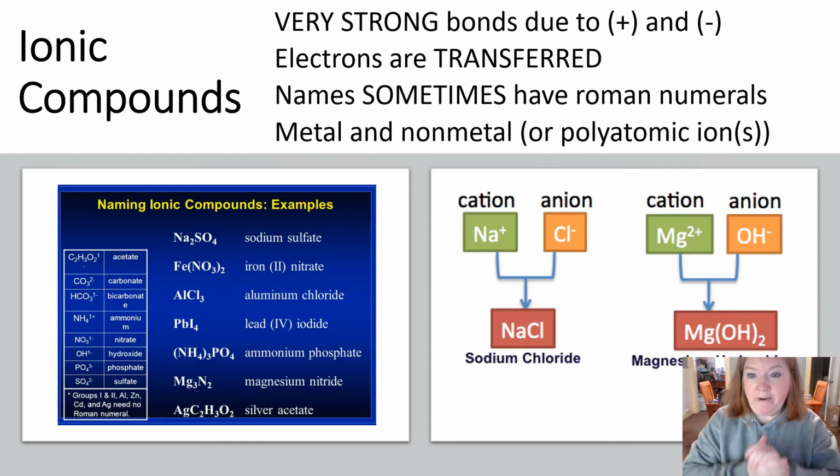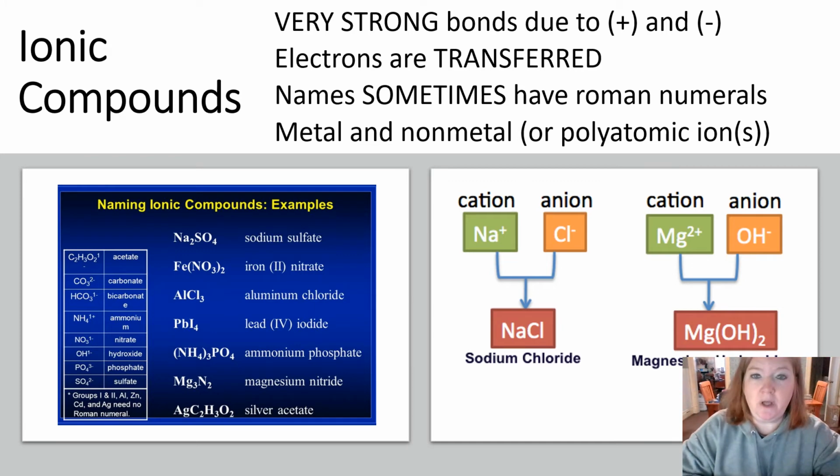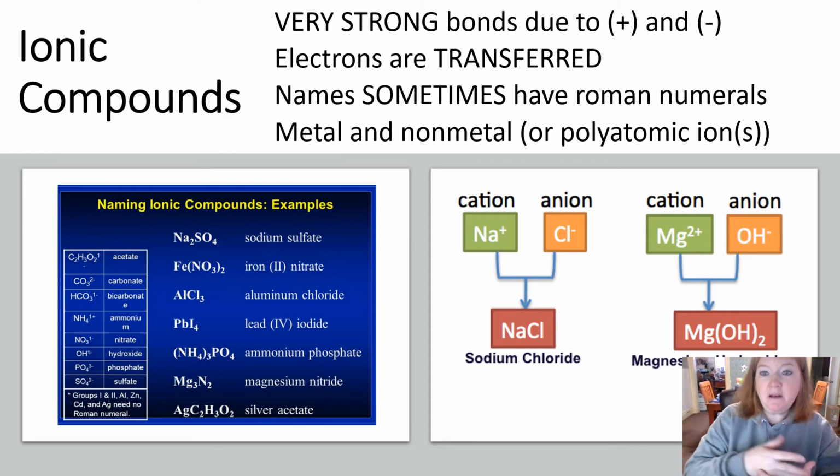Ionic compounds, remember, have very strong bonds due to the attraction between positive and negative. The electrons in this case are transferred, so they go from one element to another. The names sometimes have Roman numerals, and they are formed between a metal and a nonmetal, or between polyatomic ions. So it could be a metal and a polyatomic ion, a nonmetal and a polyatomic ion, or two polyatomic ions.